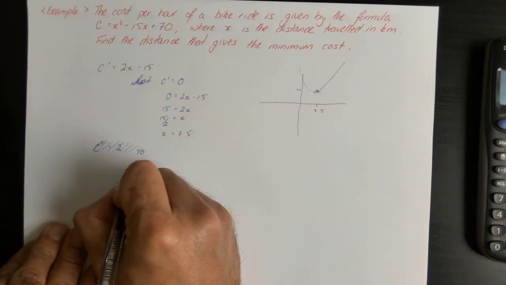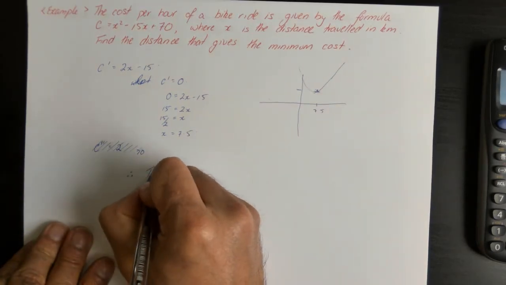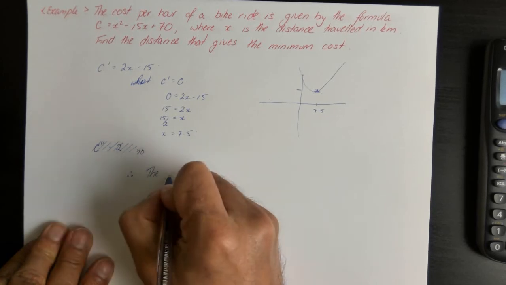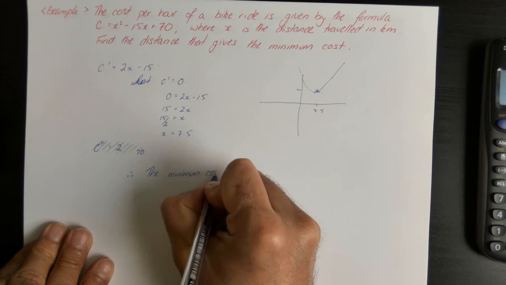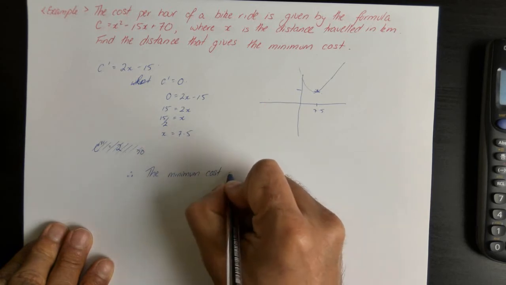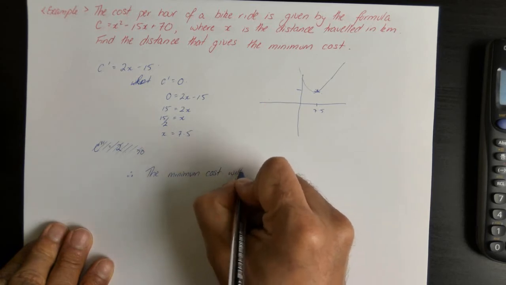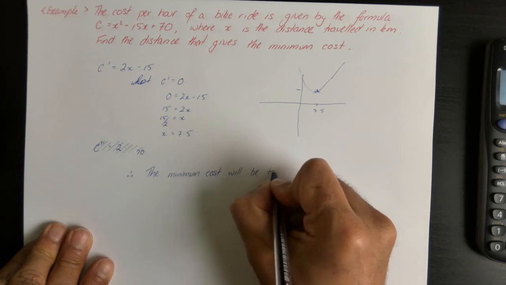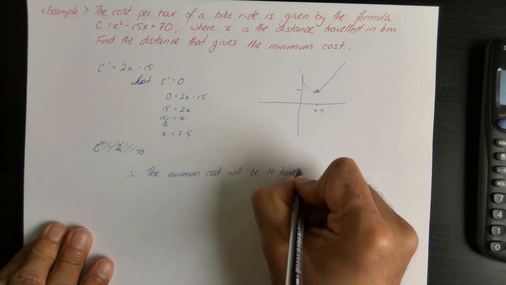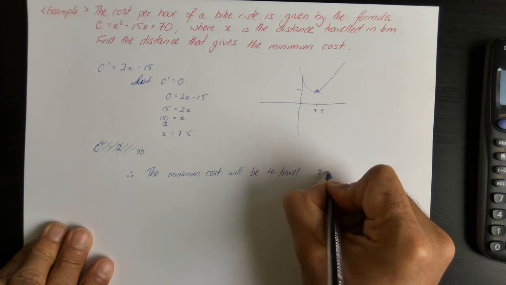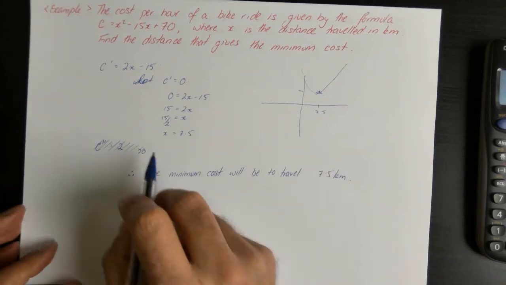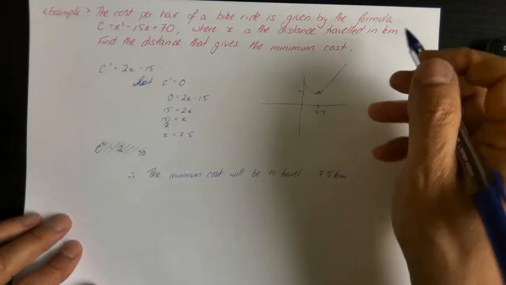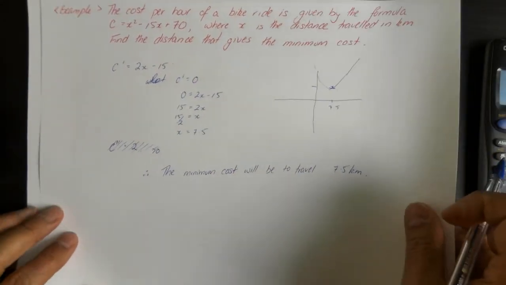So therefore, the minimum cost will be to travel 7.5 kilometers. Okay, this second derivative just told us that the function is increasing.